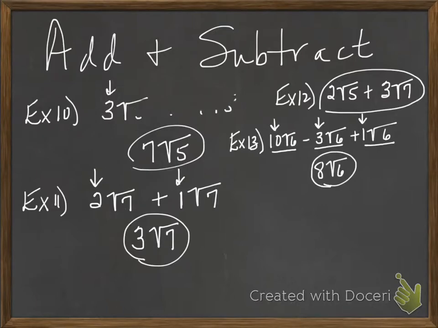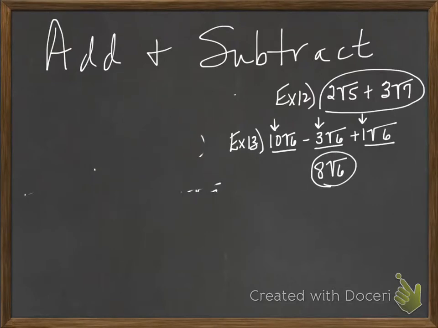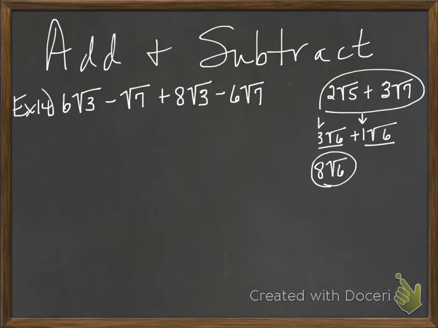All right, example 14. Six square root of 3 minus the square root of 7 plus 8 square root of 3 minus 6 square root of 7.